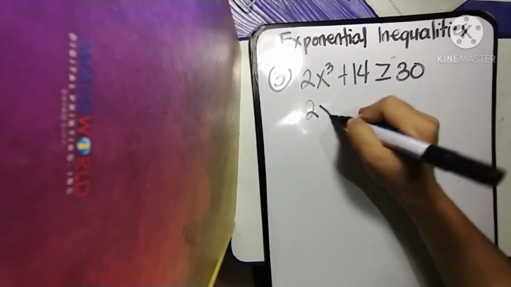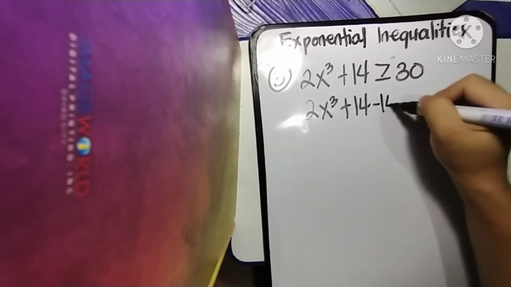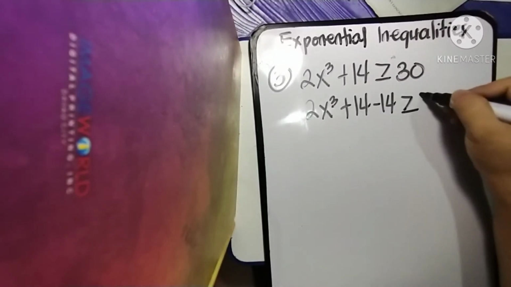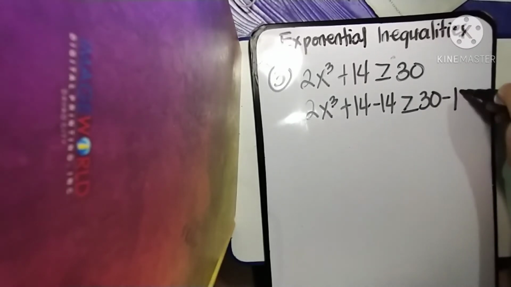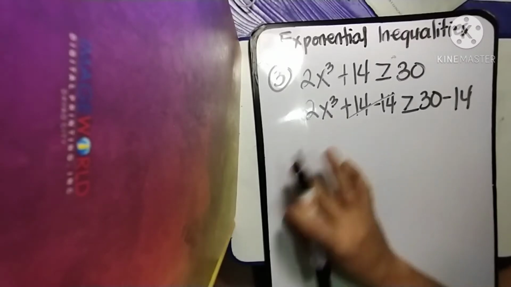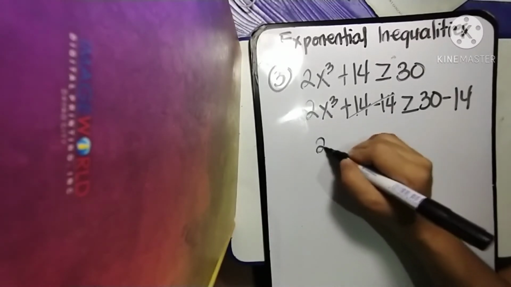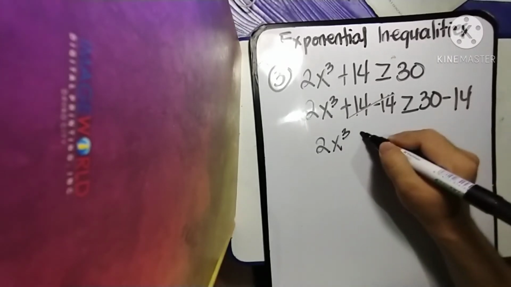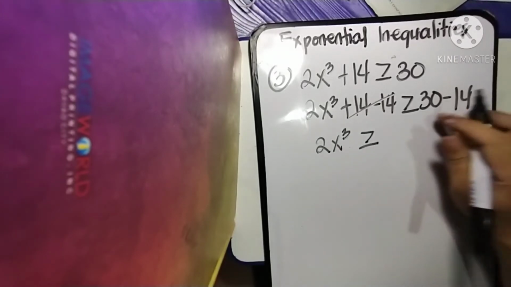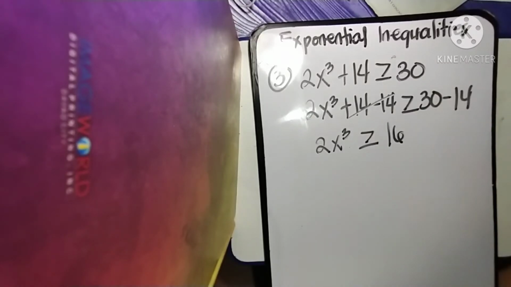So copy 2x cubed plus 14 minus 14 is greater than or equal to 30 minus 14. Now 14 minus 14 is 0. So the remaining expression on the left side, we have 2x cubed is greater than or equal to 30 minus 14, which is 16. Then solve for x.